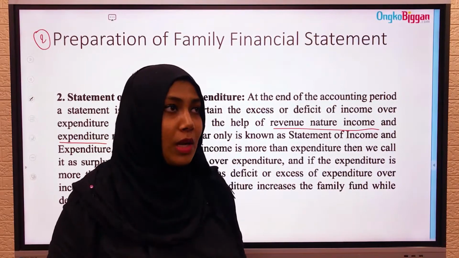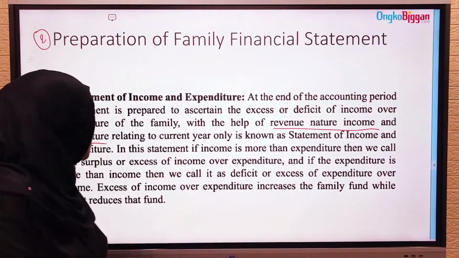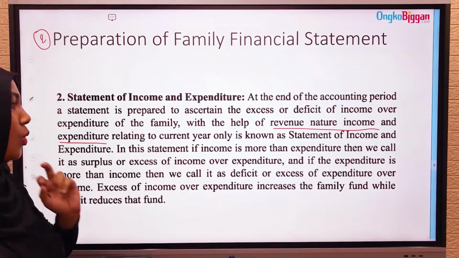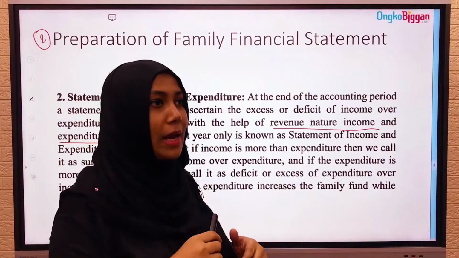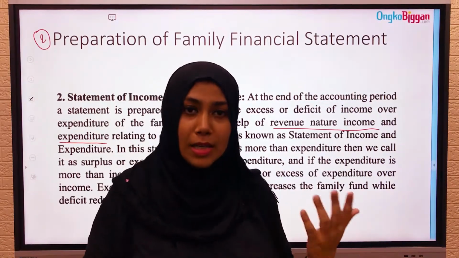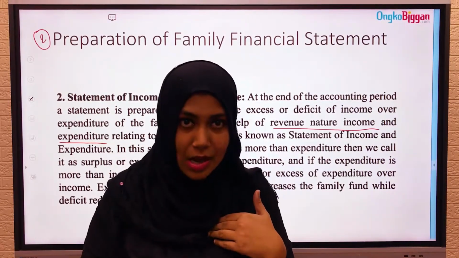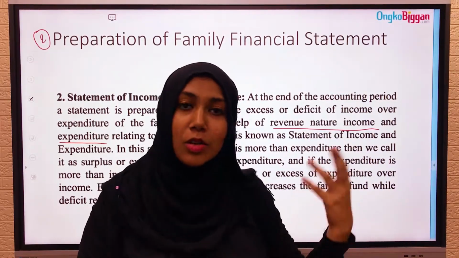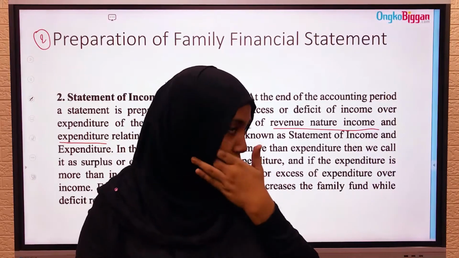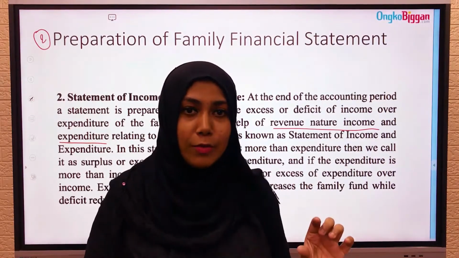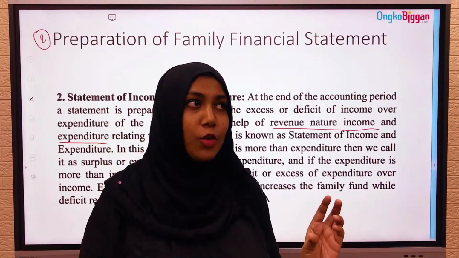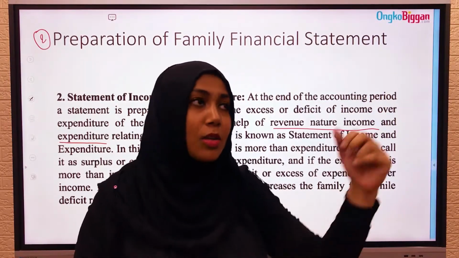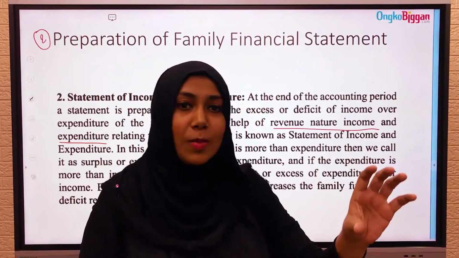Then what about expenditure? If I'm renting a house for living, every month I have to pay the rent, so that's my expenditure. For food, I have to spend some money, for example 15,000 for 3 people per month, so that 15,000 for food is my expense.